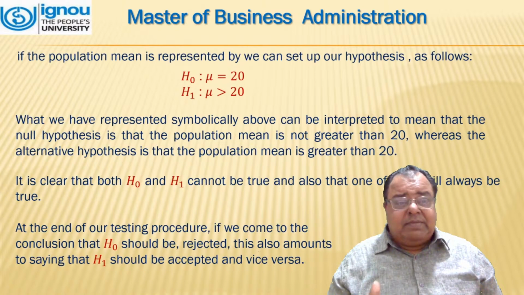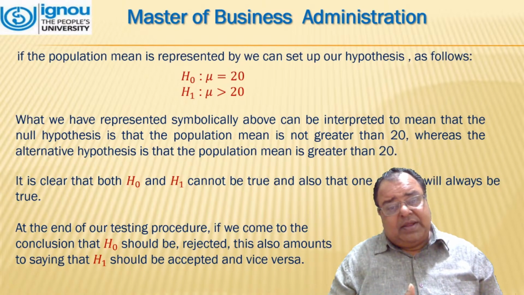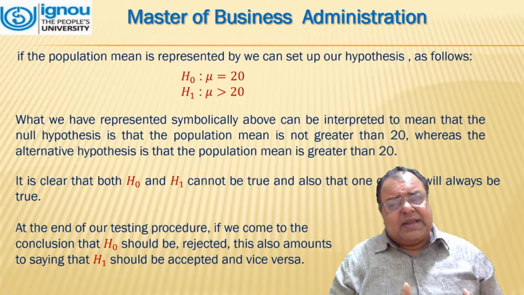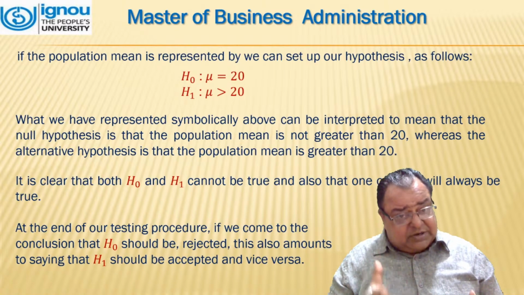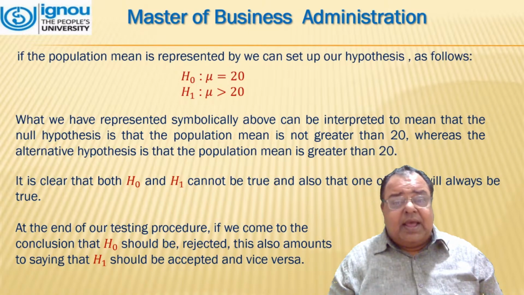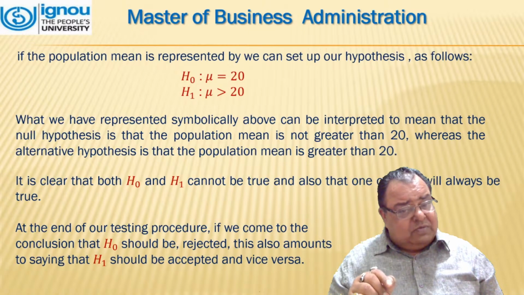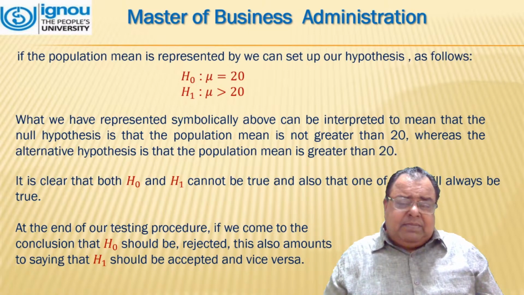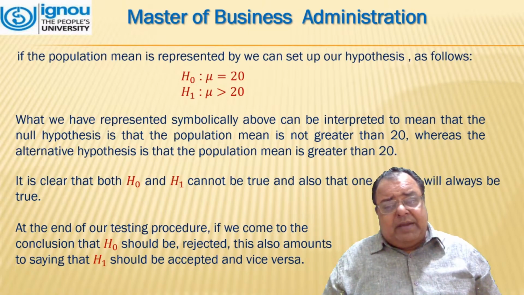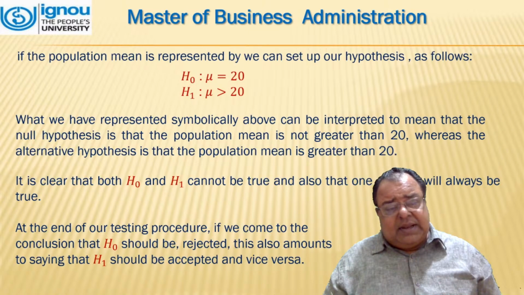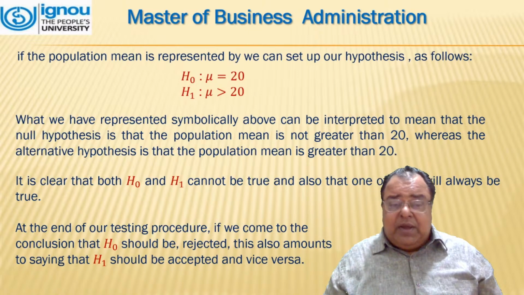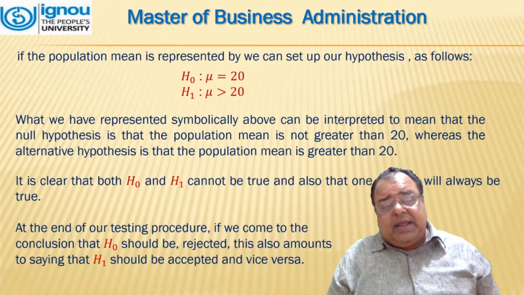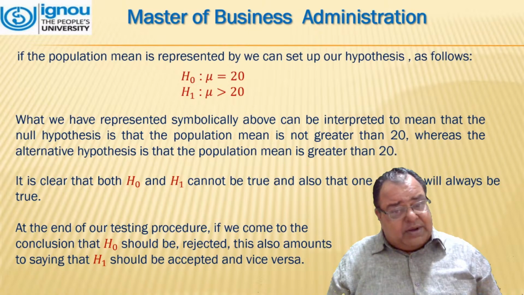If the population mean is represented by mu, we can set up the hypothesis as H0: mu = 20, and the alternate hypothesis will be H1: mu > 20. What we have represented symbolically above can be interpreted to mean that the null hypothesis is that the population mean is not greater than 20, whereas the alternate hypothesis is that the population mean is greater than 20.